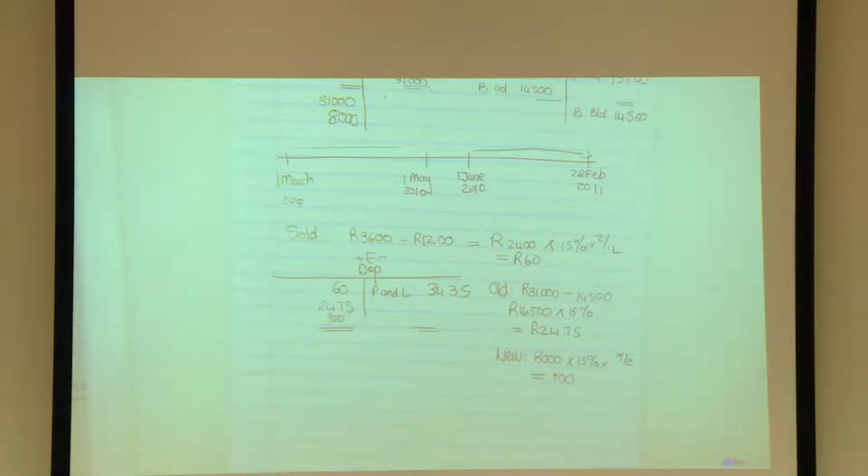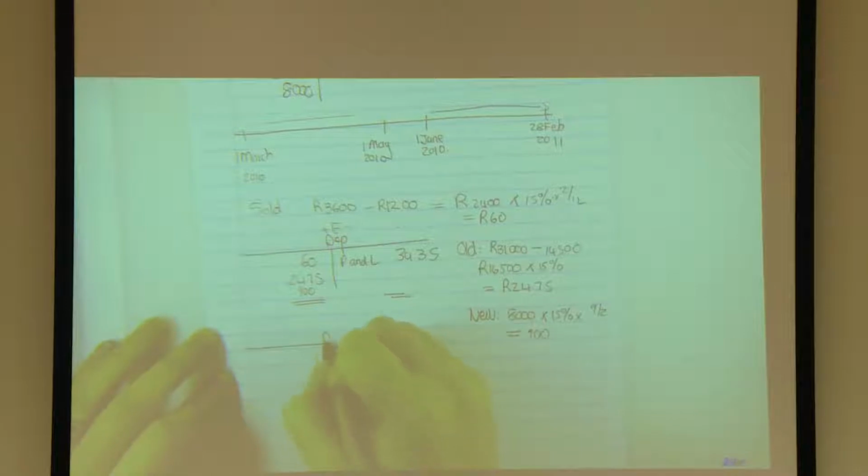Do we care what happens to the debtors control account? In this case, we do. Why? Because they've asked you to calculate it 5% of the debtors. So it means my new debtors control balance should be used in order to calculate that 5%. So draw a T account, open up debtors.